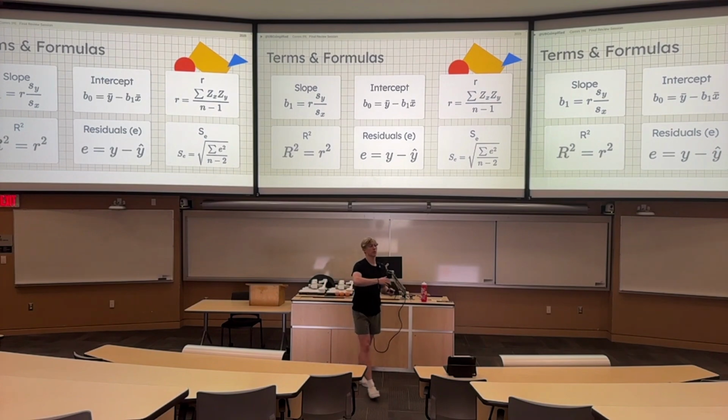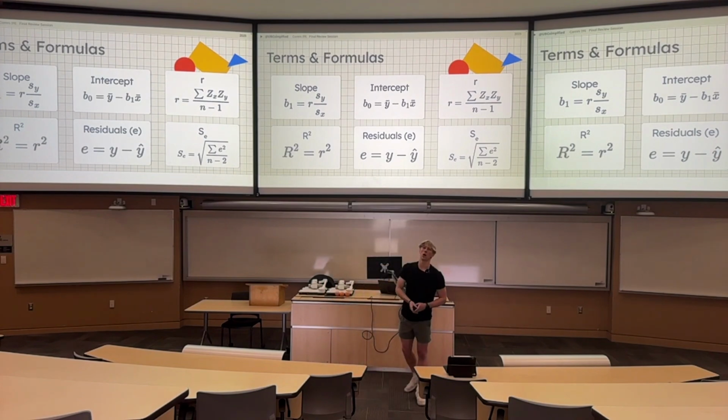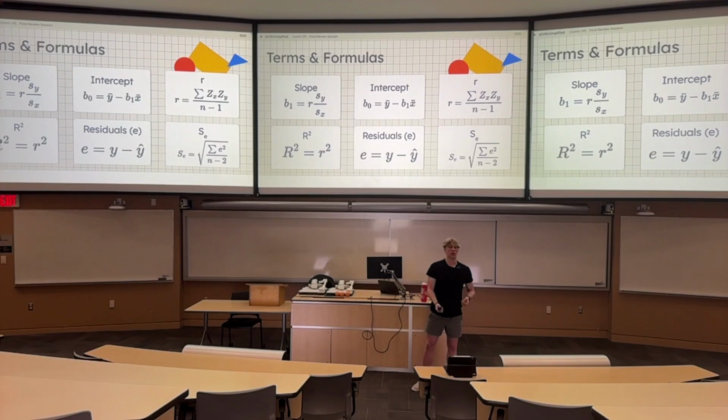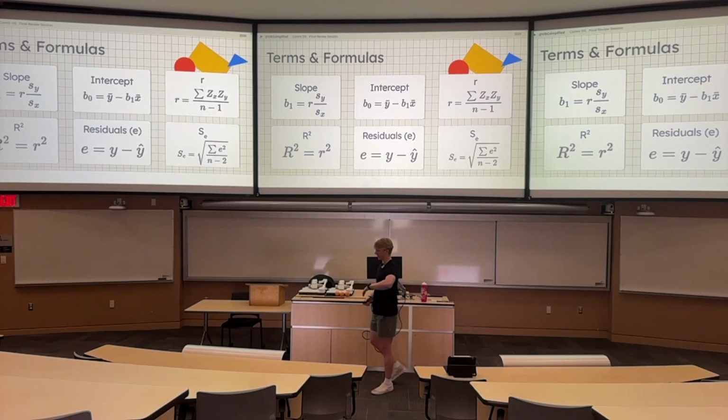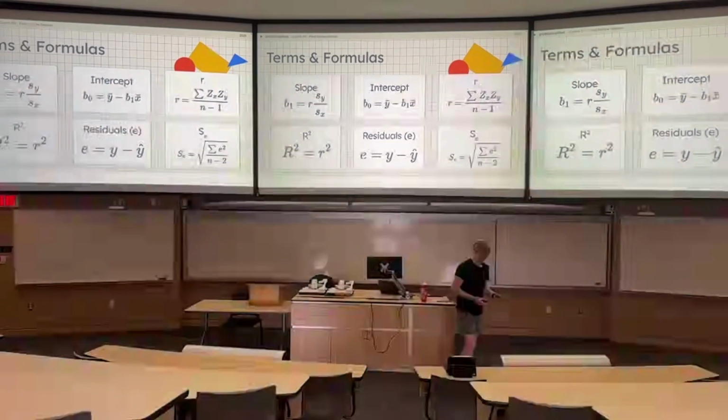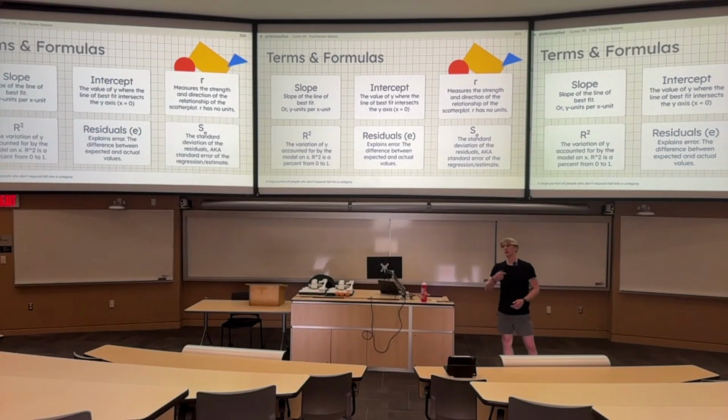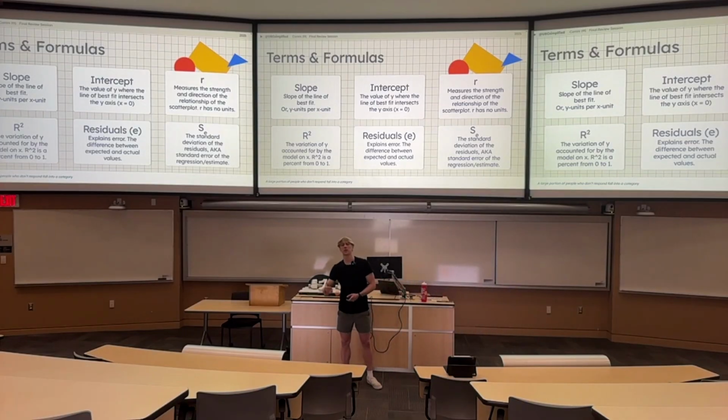So the correlation coefficient won't tell you anything about the magnitude, only the direction, because both standard deviations have to be positive, so they won't have any implications there.